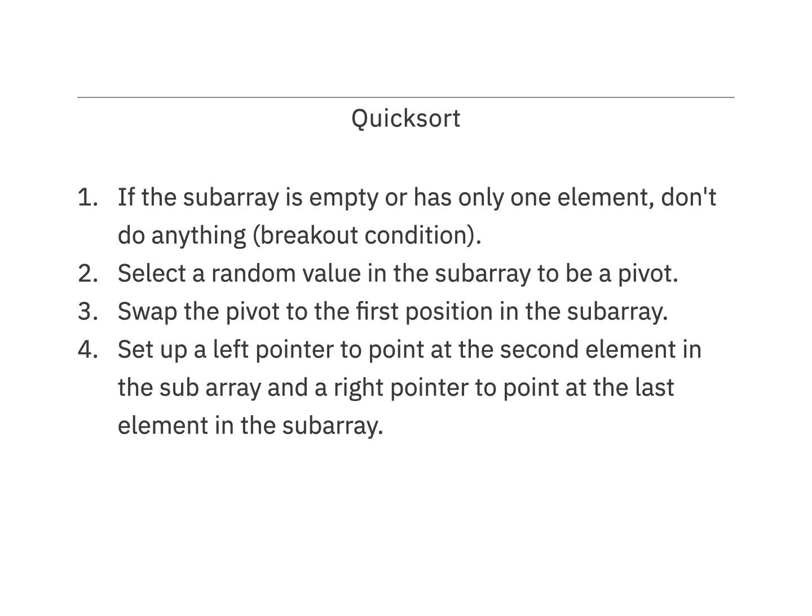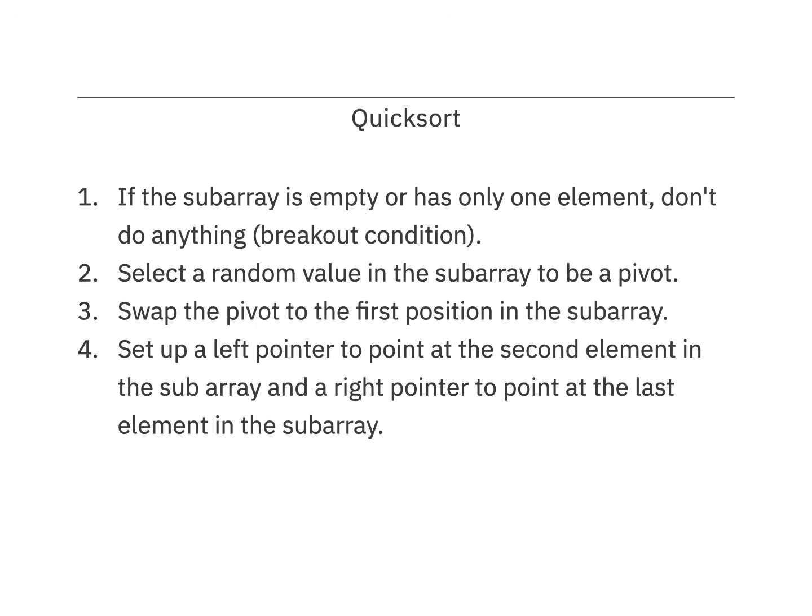The way we'll implement Quicksort in this lab is as follows. Since we'll be applying Quicksort to different sections of the array at different times, let's refer to the section we're applying Quicksort to as a subarray. If the subarray is empty or only contains a single element, then it is already sorted, and we won't do anything. In terms of recursion, these cases are treated as breakout conditions.